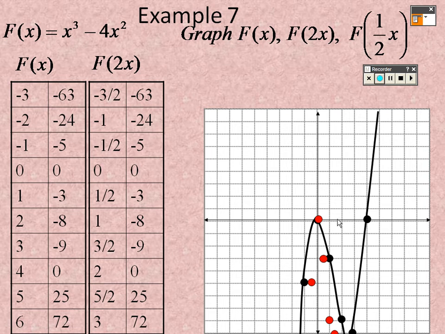So it's just shrinking everything together. And 2.5, or sorry, 2, 0, and then 2.5, 25 is way up there, so just smushed everything together.